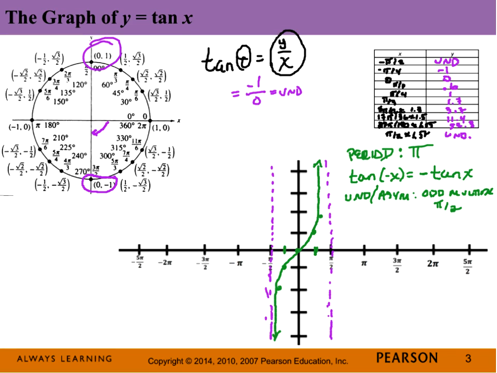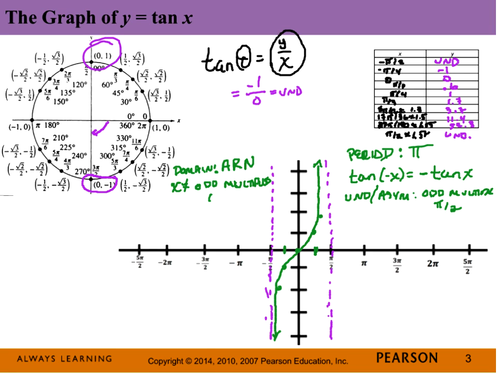And let's see what else. We have domain. The domain, because we have asymptotes happening through our x values there, is all real numbers except x cannot be odd multiples of pi over 2, which is where your asymptotes live.